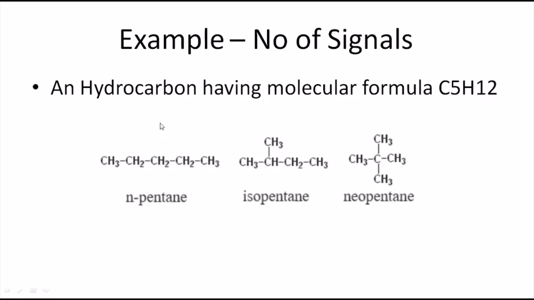If you can make a plane here, and the two sides look identical, then altogether they give only one signal. For example, these two CH2 look identical in the mirror plane, and therefore these two will give the same signal. And these CH3 will look identical, therefore these two CH3 will give the same signal.